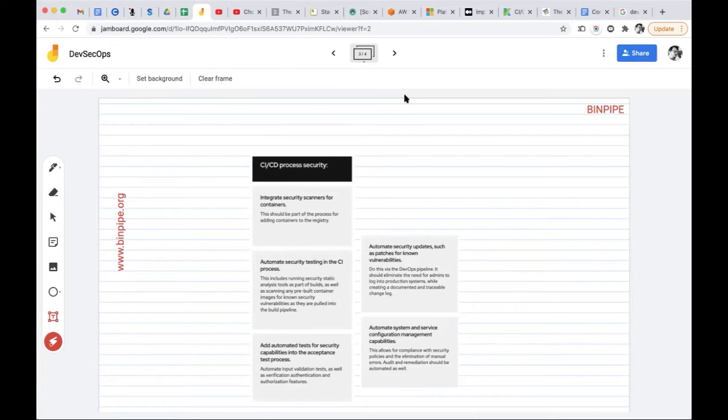So for that we use some security tools, and we scan the code and we highlight the known vulnerabilities if there are any, and the best practices. And further, add automated tests for security capabilities, that is self-explanatory. Automate security updates and patching. One should not delay patching, one should immediately go for it and then fix the incompatibilities.